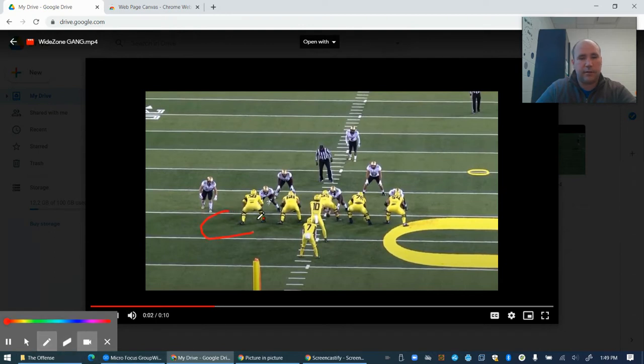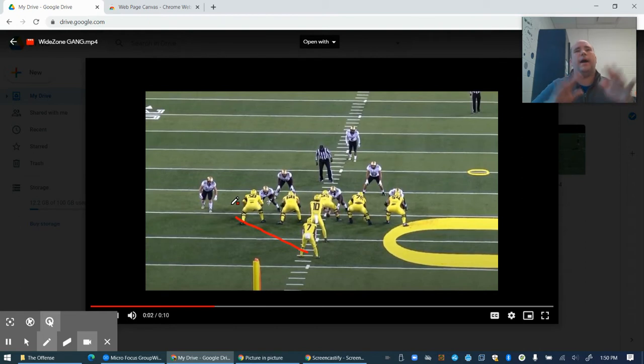So let's say that there's a tight end standing over here. We want to pick the inside leg or the outside leg, and we want to have that be the aiming point for the back. And then if the tight end's not there, like in this picture, then you're aiming at the ghost tight end. So we're aiming somewhere out here where the ghost tight end would be, or where the tight end would be. This is a ghost tight end picture.